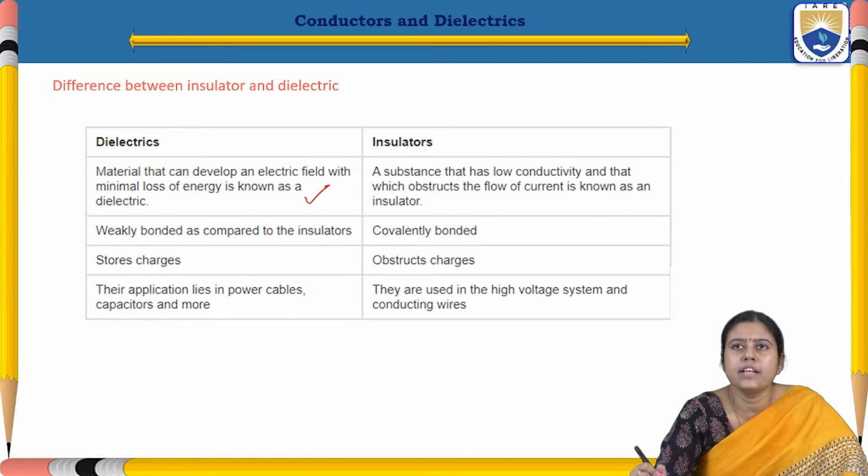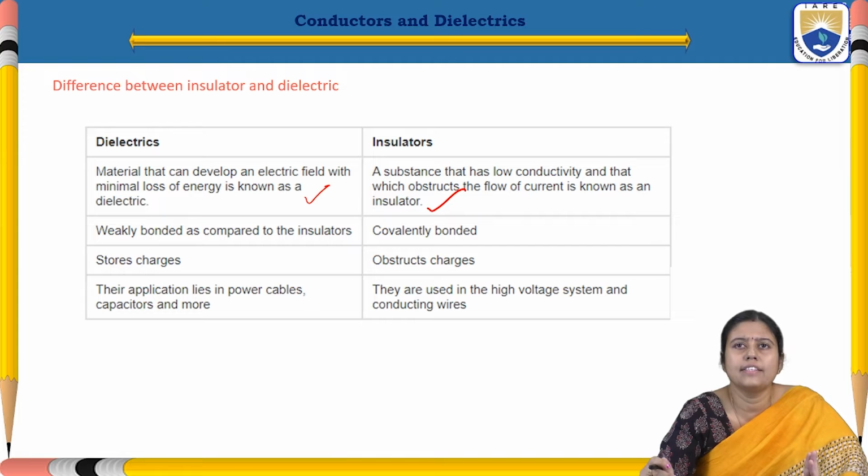A substance that has low conductivity and obstructs the flow of electrons is known as an insulator. So an insulator is not the same as a dielectric. Insulator means it has high resistivity or low conductivity and it obstructs the flow of current. In any condition they stop the flowing of current.